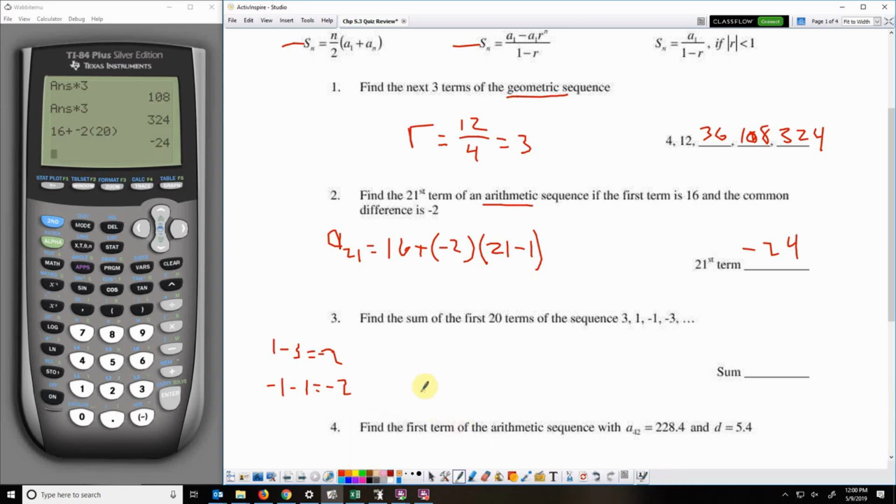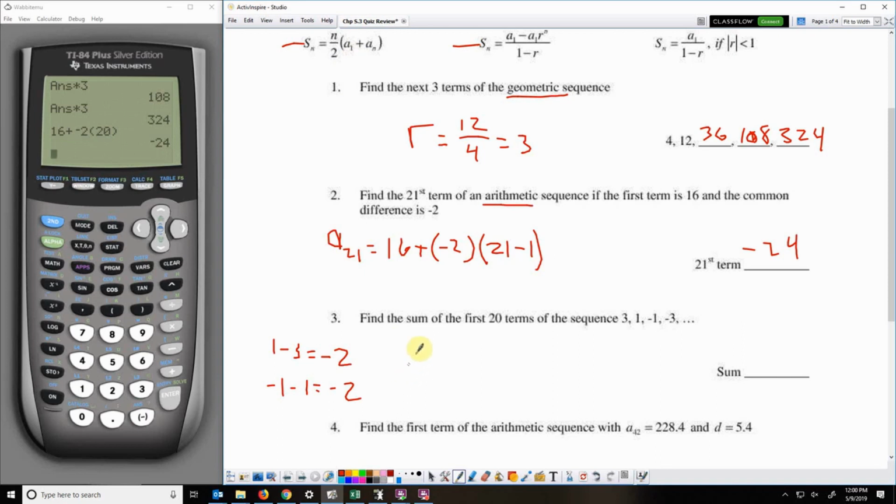So we've got a common difference of negative 2. I'll clean this up a little bit. So the common difference is negative 2. That means I've got an arithmetic series, which is this one right here.